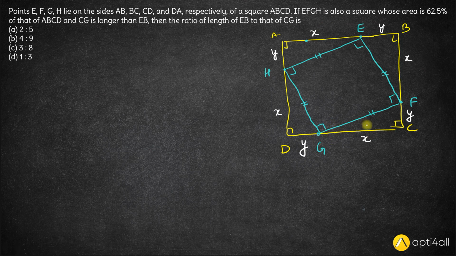You can also prove them by proving that both these triangles are congruent triangles. Basically this angle theta, if this is theta, this is going to be 90 minus theta, and this is going to be theta. And if this is theta, this is going to be 90 minus theta.